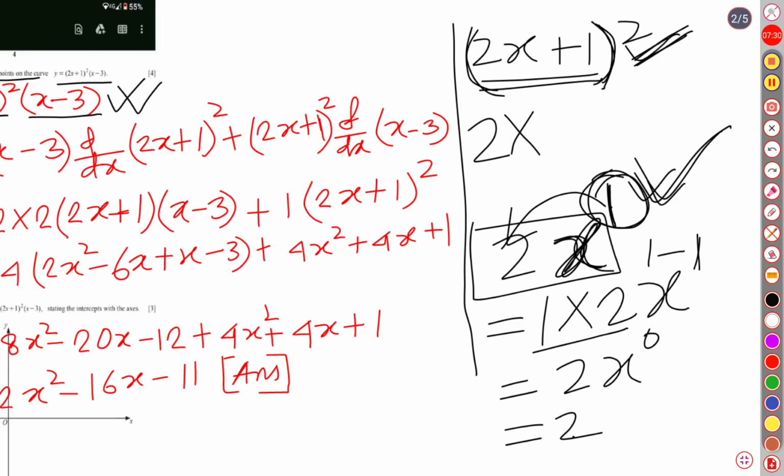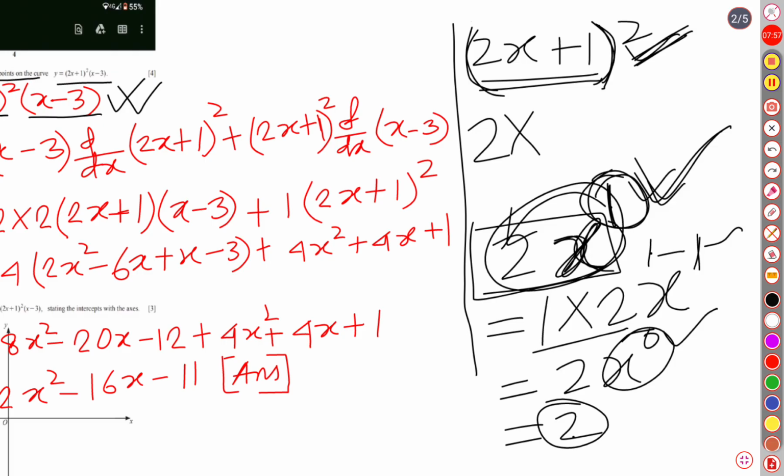Always 1 should be subtracted. So the key point of differentiation is the exponent: in a derivative, the exponent is always reduced by 1. From 1, if we subtract 1, we get 0, and x raised to 0 is actually 1. So we have got that the derivative of 2x is actually 2.